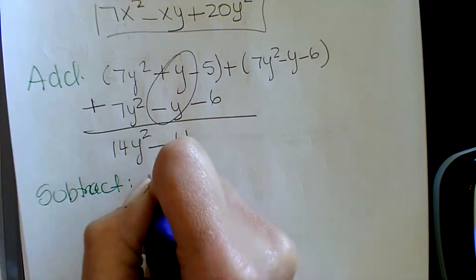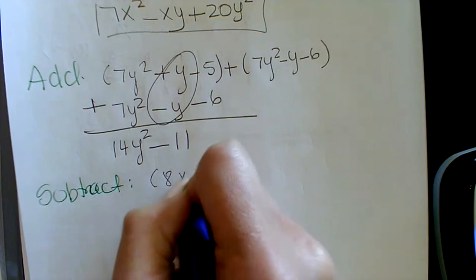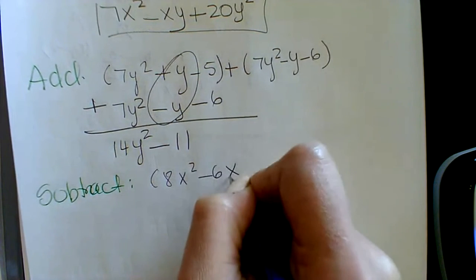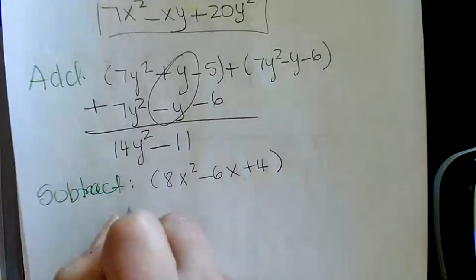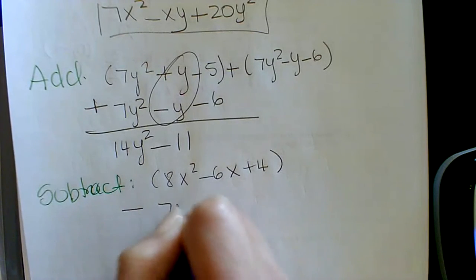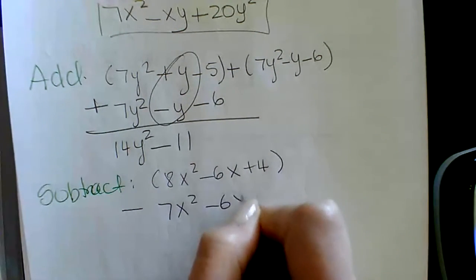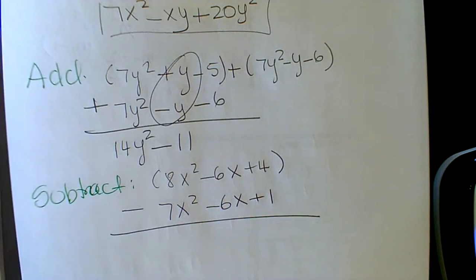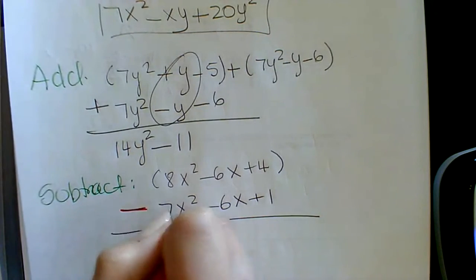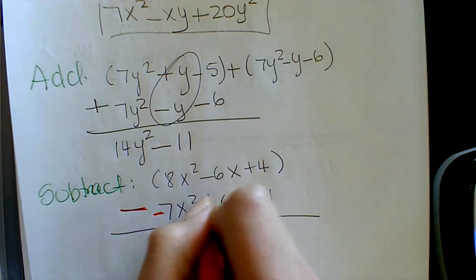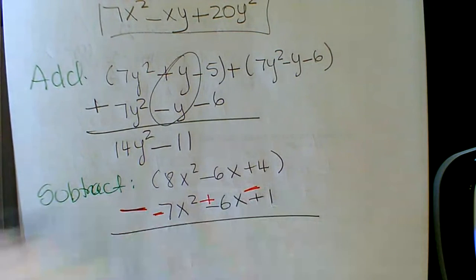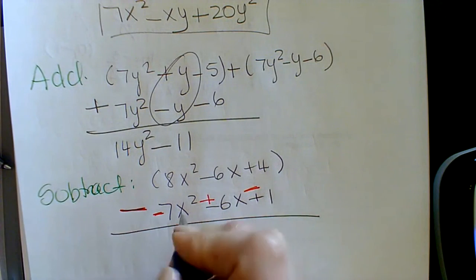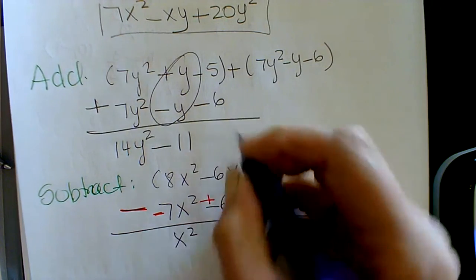If we have 8x squared minus 6x plus 4 minus, and it's giving me 7x squared minus 6x plus 1. So we said that because it says minus, right? So this is going to be negative, this is going to be positive, and this is going to be negative. They're all going to change. So this is going to be x squared.